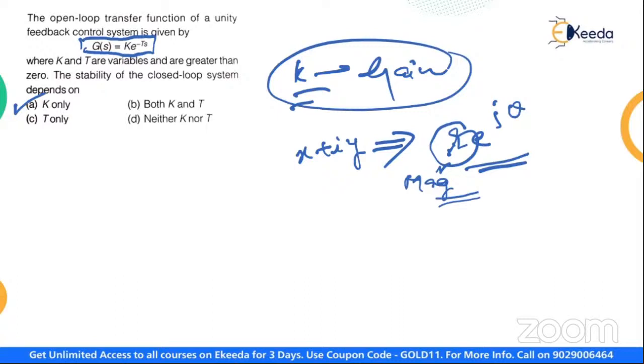So the open loop transfer function of a unity feedback system is given by this. So here the stability of the closed loop system depends only and only on K. Why? Because the rest is the angle. T will give you the contribution in angle, and it is nothing but the time delay only.